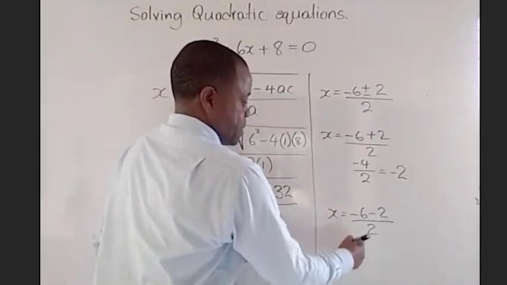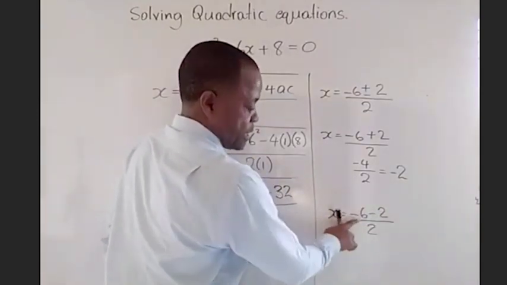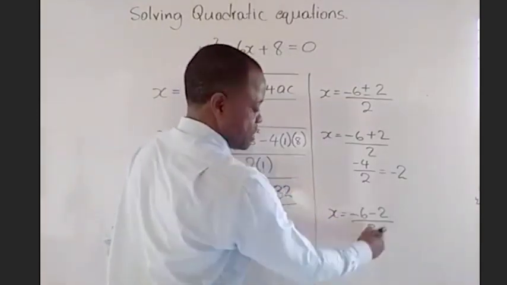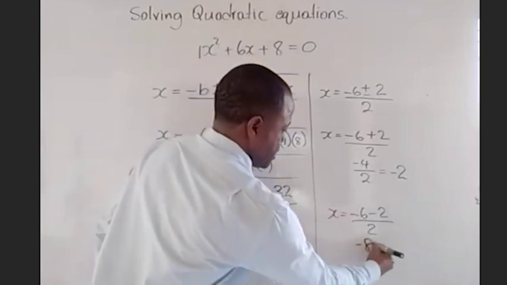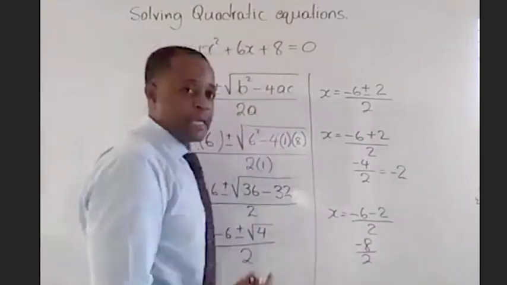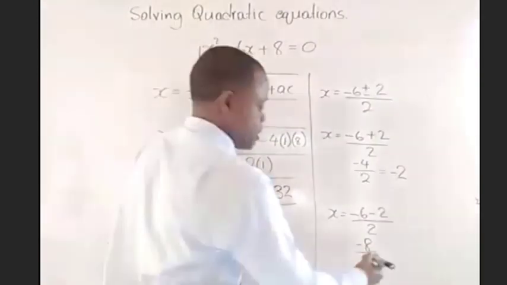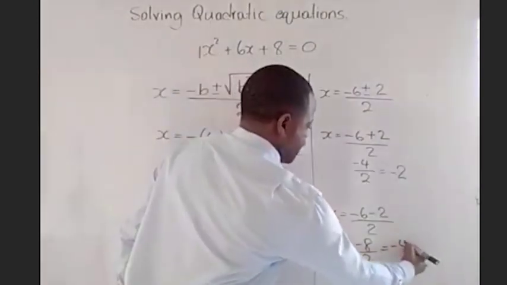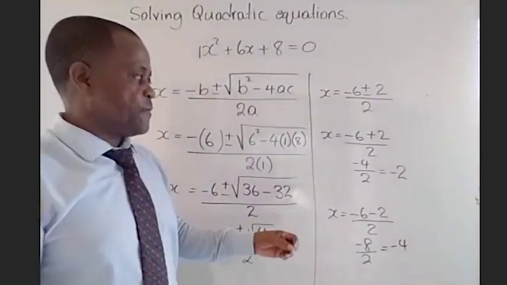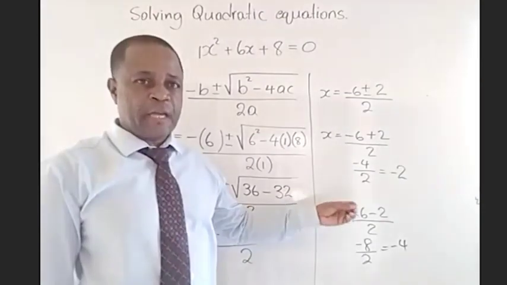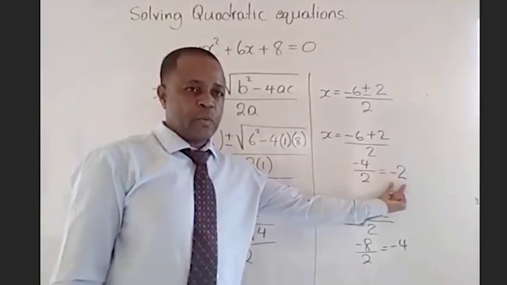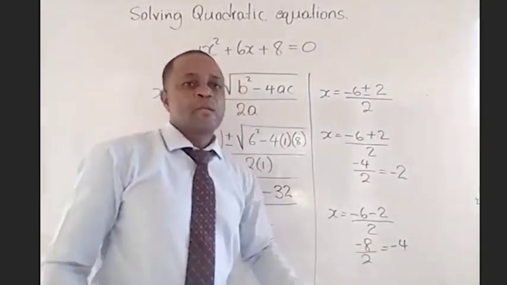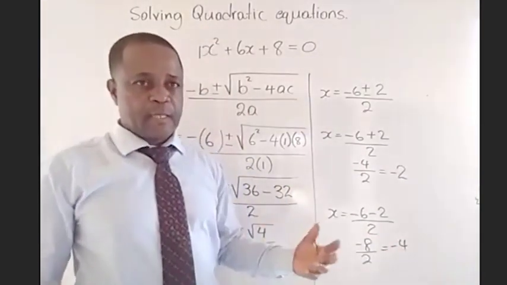Here, when I work this out, negative 6 minus 2 is going to give me negative 8 over 2, and negative 8 divided by 2 will end up giving me negative 4. So there we have it. The values of x would have been negative 2 and negative 4, just as we got when we did our factorization.